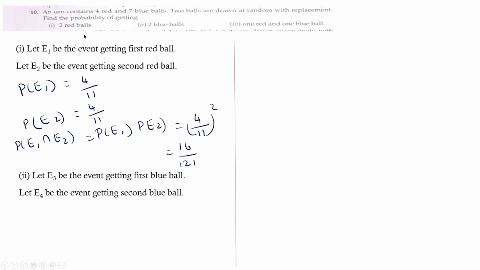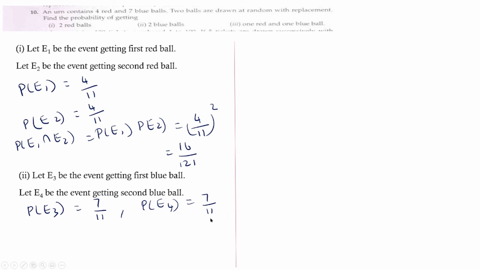Now the second subdivision, probability of getting 2 blue balls. Let E3 be the event of getting the first blue ball and E4 be the event of getting the second blue ball. So probability of E3 will be 7 by 11 and probability of E4 will again be 7 by 11, since the ball once taken is replaced.